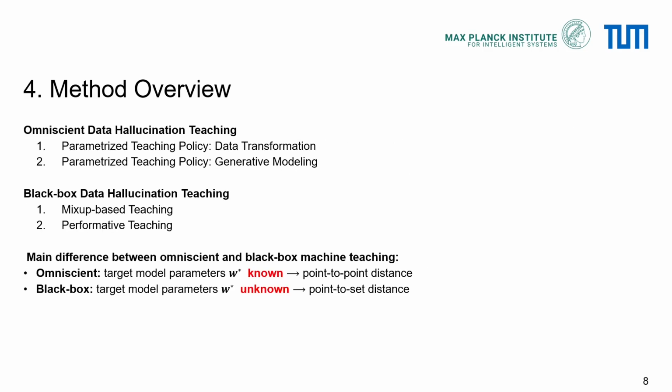Here's an overview of our method. We differentiate between Omniscient DHT and black box DHT. The difference is that in the Omniscient setting, the target model parameter W star is known, while in the black box setting, we don't have W star. We are trying to optimize something else.